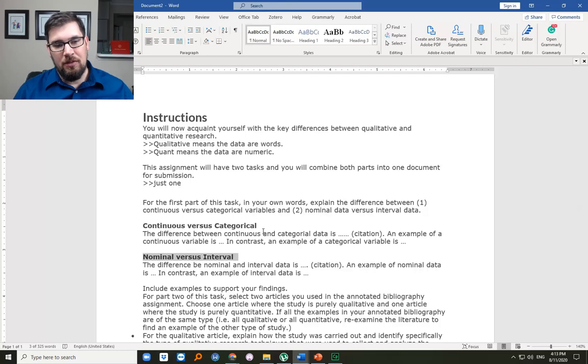Nominal versus interval, you'll want to discuss how nominal is similar to categorical, but the naming convention, the category you're using for a nominal variable, truly has no quality in terms of one category being more or less than the other, like high risk versus low risk.